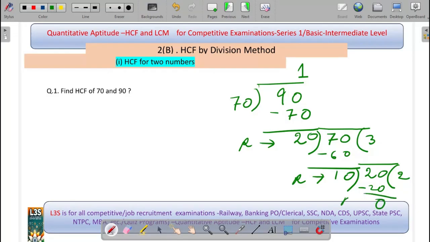The remainder will be 0 here, and the HCF will be the last divisor, where the remainder is 0. So here it is 10. So 10 will be the HCF by this method. Hope you understand the process. So we'll move to the next.